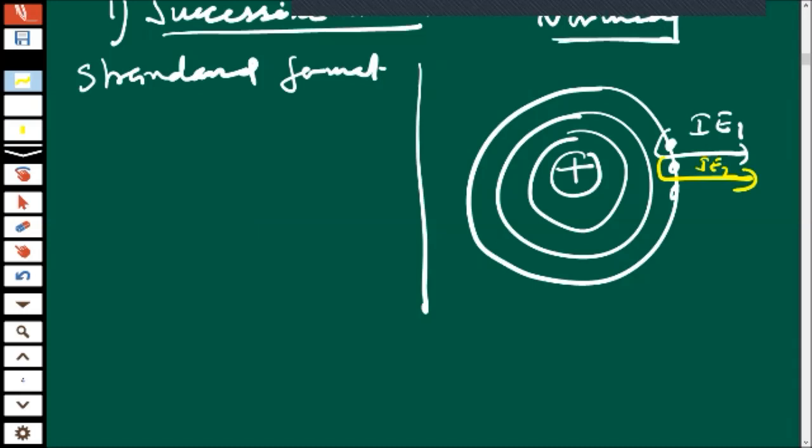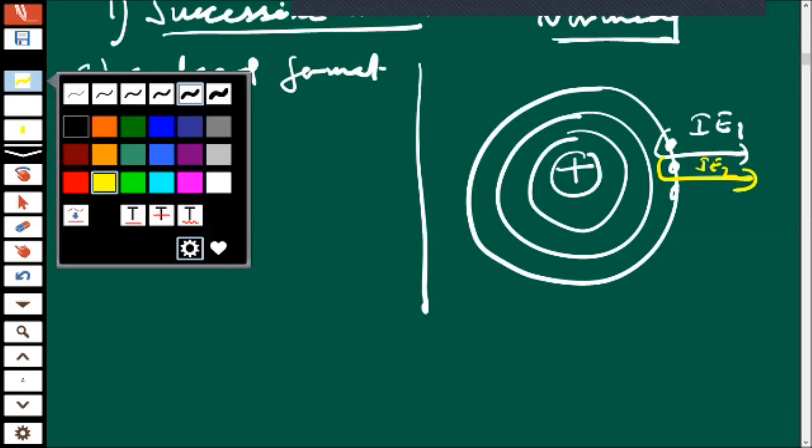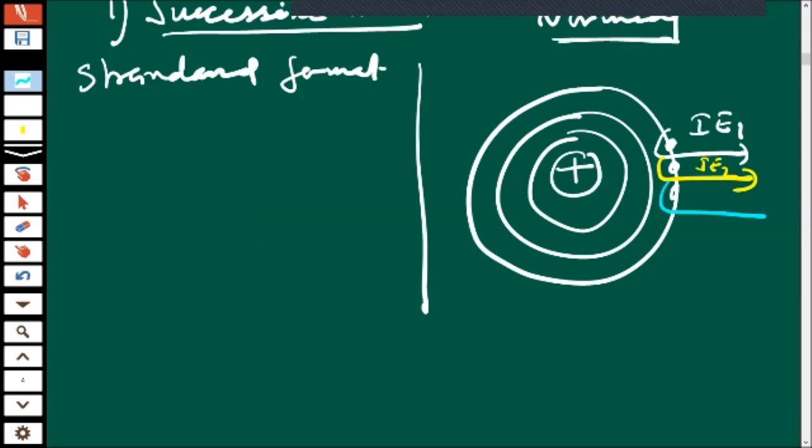Cation is smaller, you know, and it is very difficult to remove an electron from a smaller particle. After removing 2 electrons, it becomes even smaller, so it will be very difficult to remove the third electron. These are known as successive ionization energies, children.